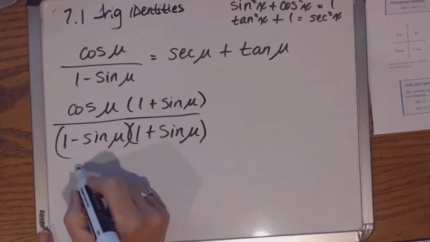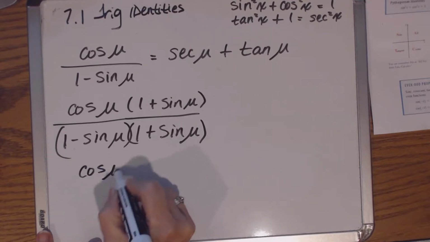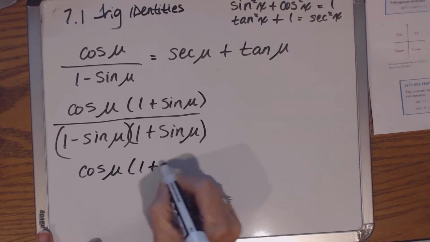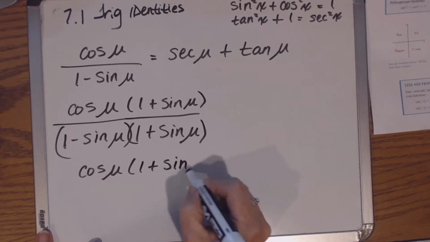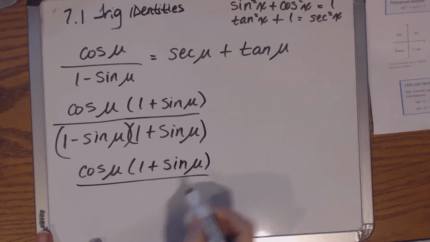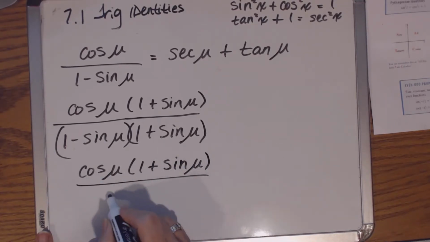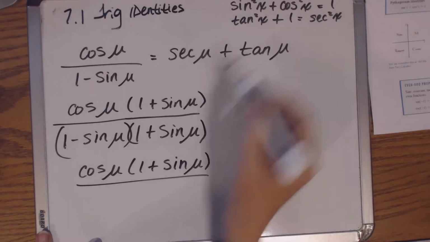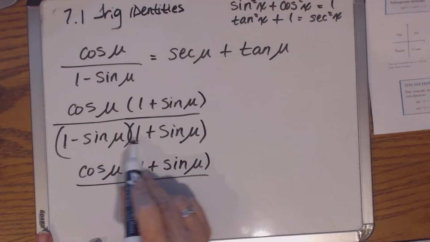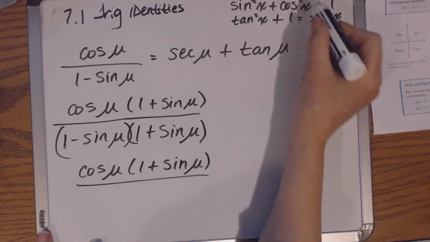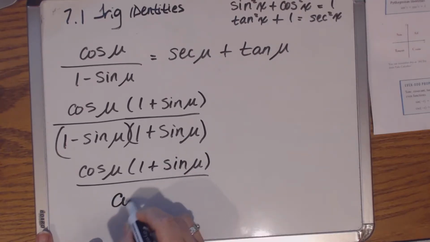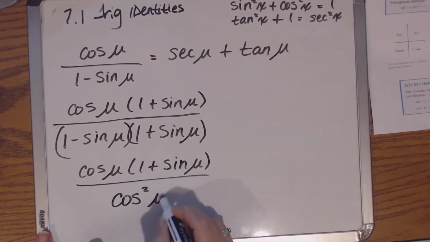So I'm going to keep it in factored form unless I have a reason to break it out. And I'm going to say, hey, this is going to end up being 1 minus sine squared of u, which will be cosine squared of u, right?